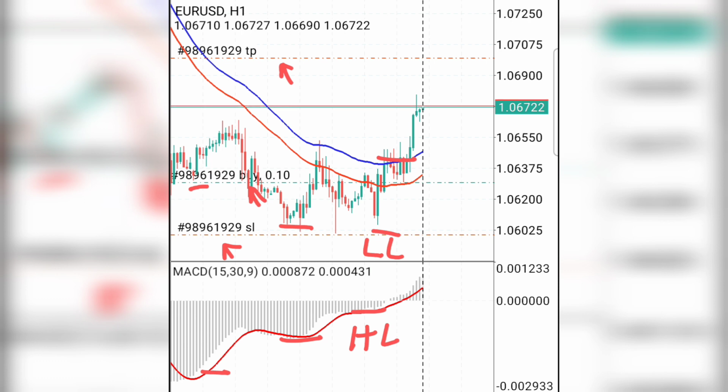If you guys can see my stop loss compared to my take profit, this is like 1:2, or even more than 1:2, right? But let's say 1:2. So if you are trading and you have 1:2, then you are good to go, right?